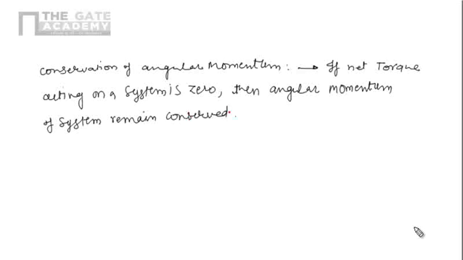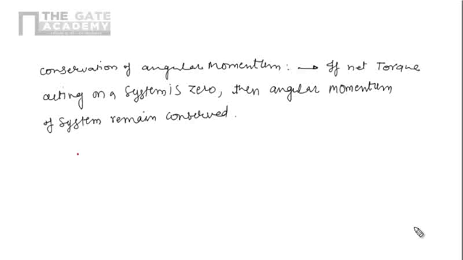I will again repeat the law: if the net torque acting on a system is zero, then the angular momentum of the system remains conserved. So we can write the equation for conservation of angular momentum.